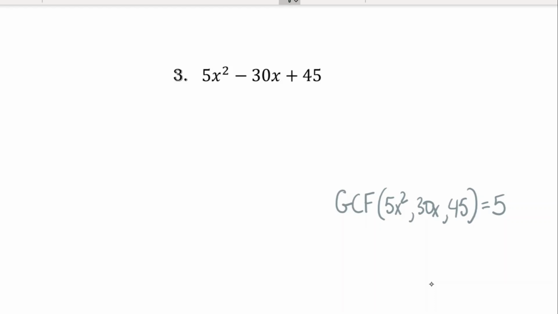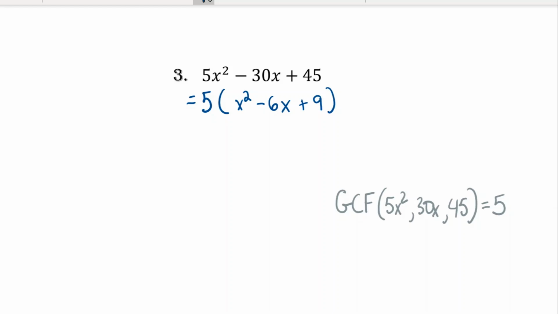So they all have a greatest common factor of 5. So what we can do is put this GCF out front like we did before in the type 1, and we get 5 times x squared, 5 times negative 6 gives me 30x, and then we've got 5 times 9 is 45.